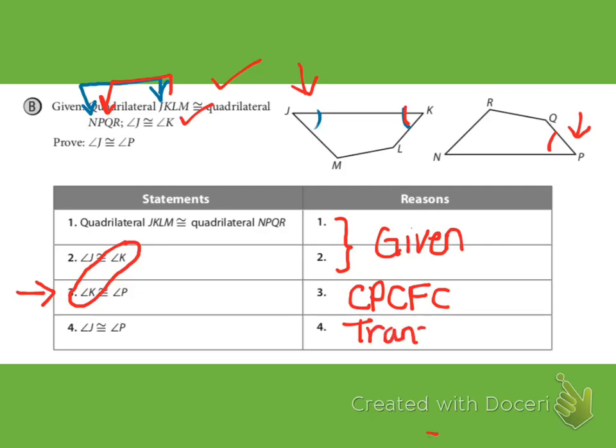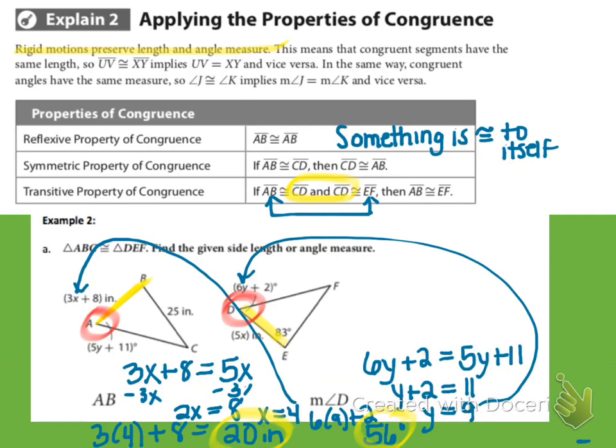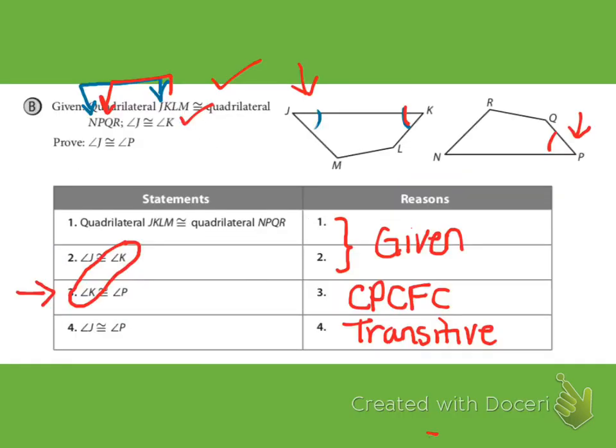Remember, if we look back at our notes, we saw the property that links two congruent statements together by having a common piece, or in this case, segment, then we can prove that the other two things are congruent as well. So that's the transitive property.